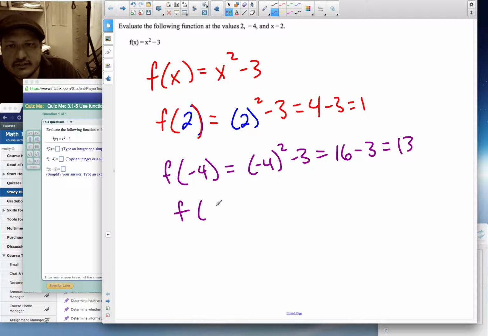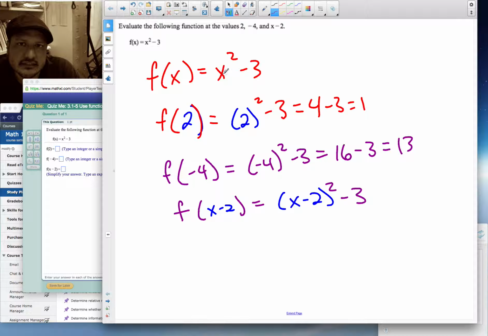And f of x minus 2 is going to be x minus 2 squared minus 3. So everywhere I see the x here, I replace it with x minus 2. Now I have to FOIL this. It's x squared minus 4x plus 4 minus 3.